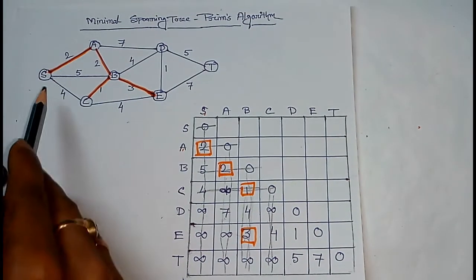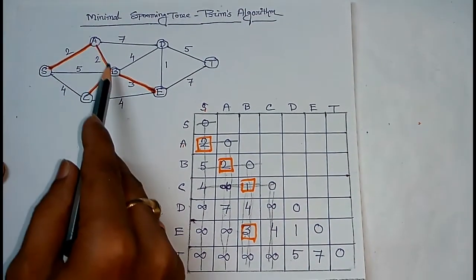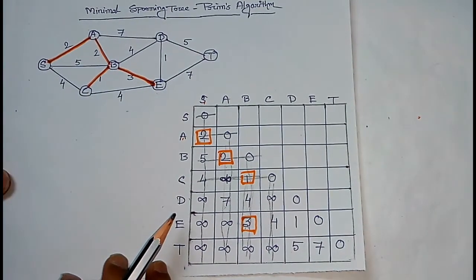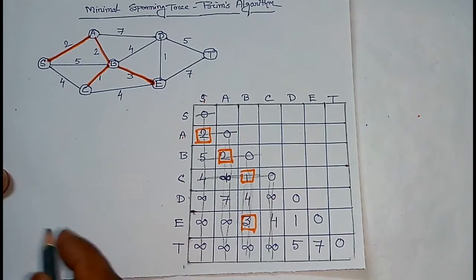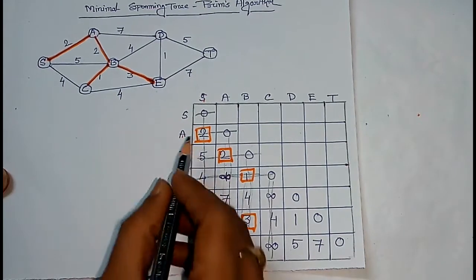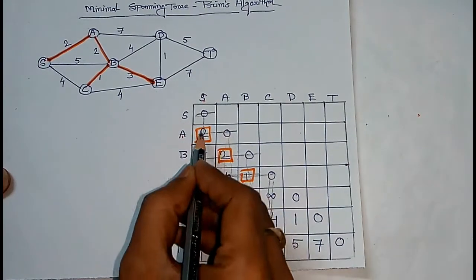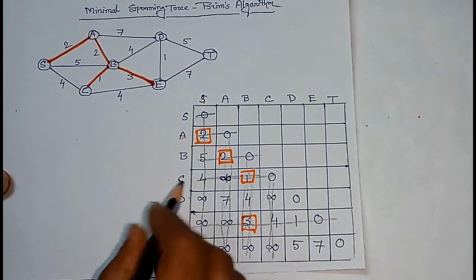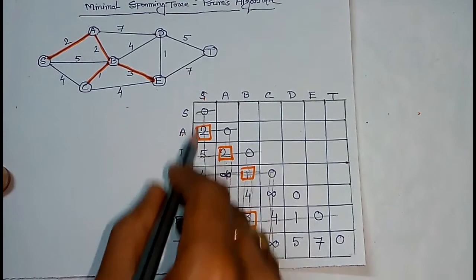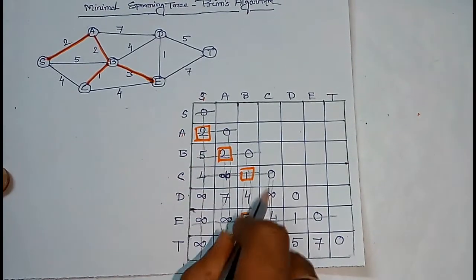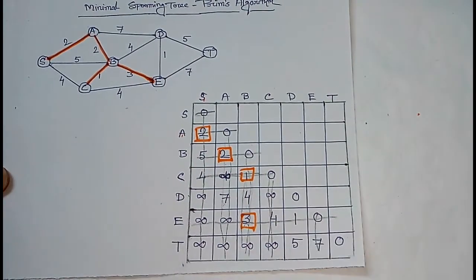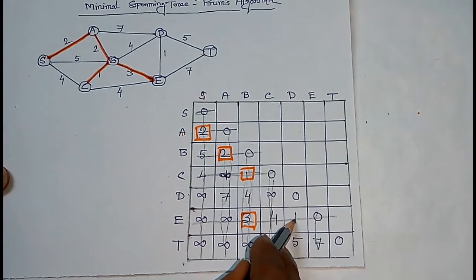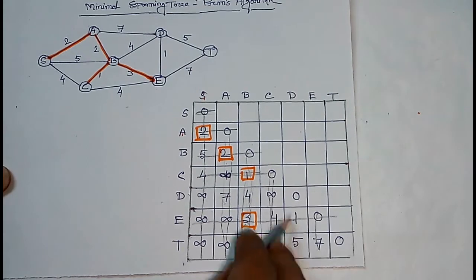Next, we have to consider these 5 vertices S, A, B, C and E. That means we have to find the next minimum element from these 5 rows S, A, B, C, E, as also from these 5 columns S, A, B, C and E. So here we find that this 1 is the next minimum element.